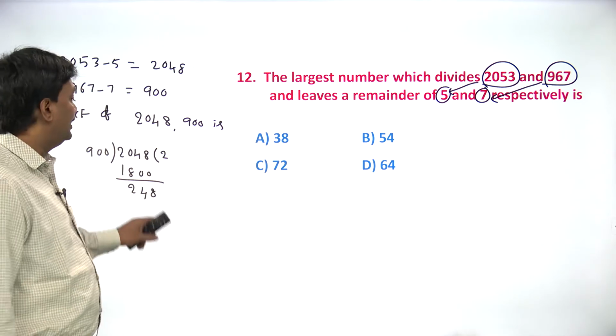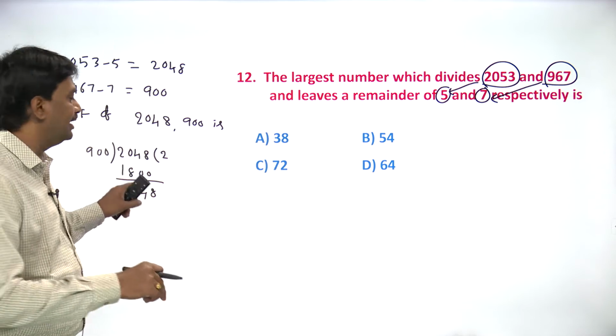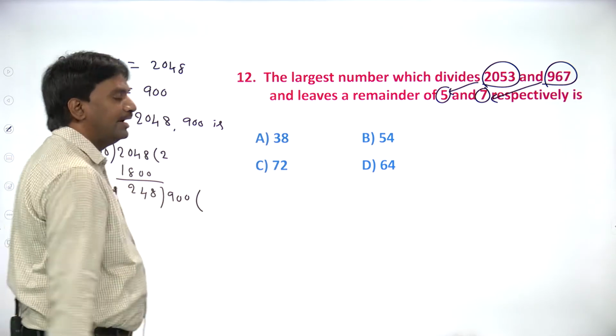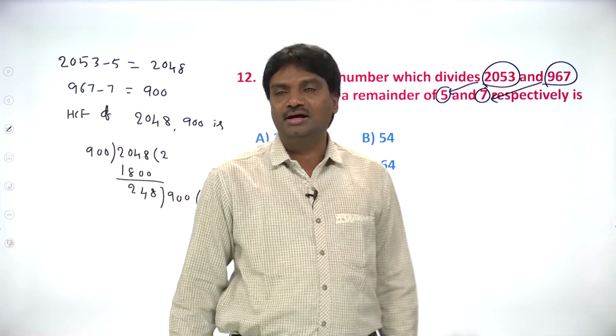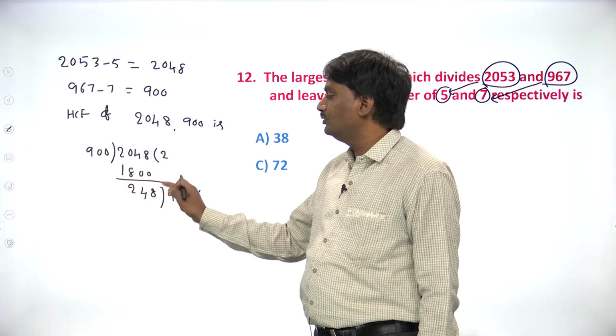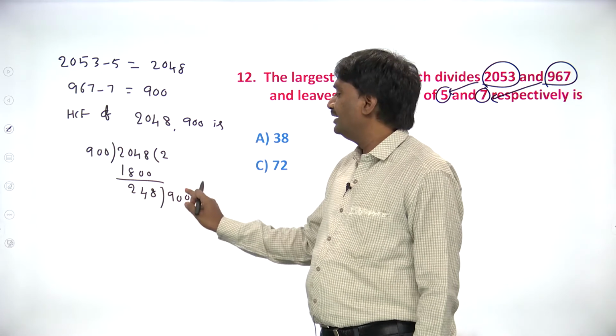That is why again we have to divide the divisor 900 by the remainder 248. If we take 4 times, it is 992, but here 900 is there.